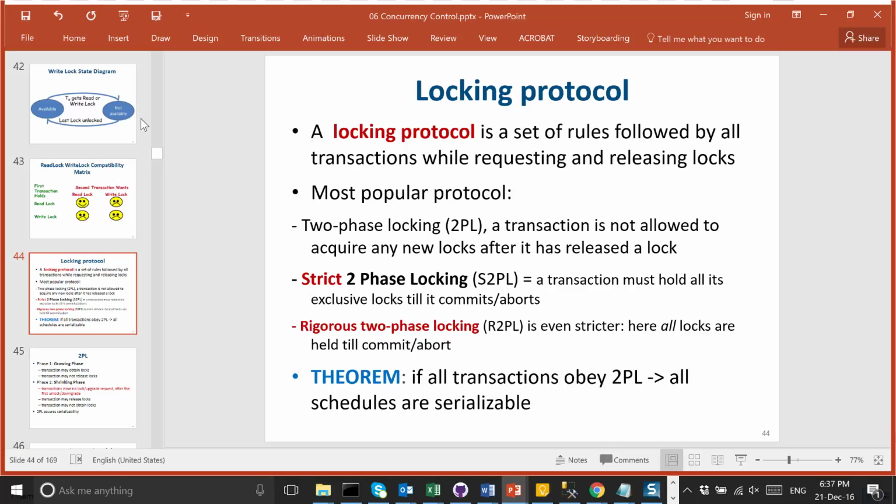So once you get an exclusive lock, don't get rid of it as soon as you finish with it. Keep it until the end. Because if you let it go, other transactions might start acquiring shared locks and reading, and then you might abort and they end up with a dirty read. So that's why you have to follow the strict two-phase locking protocol.